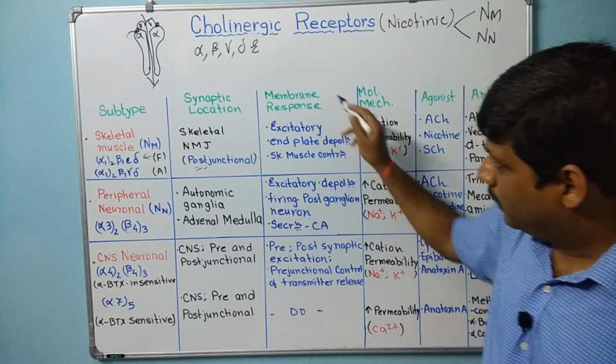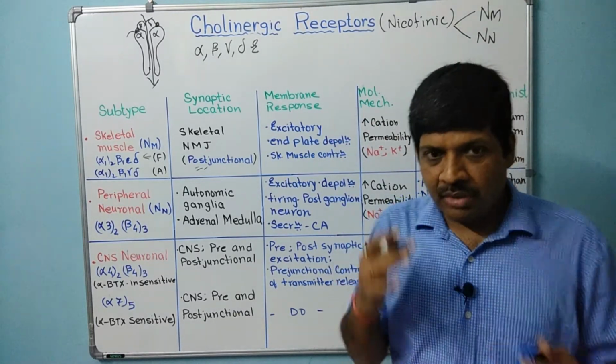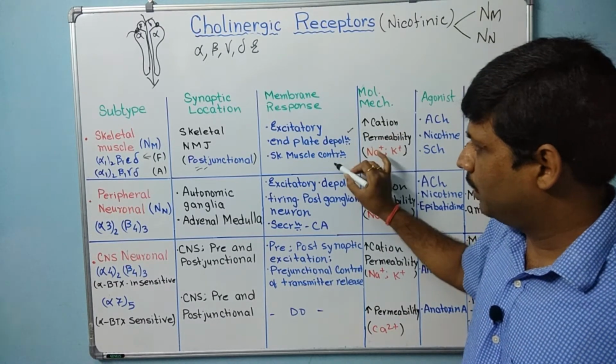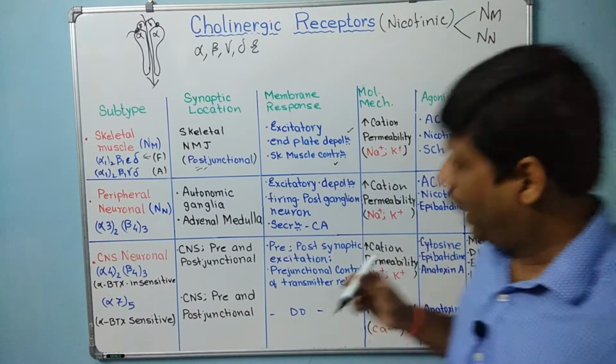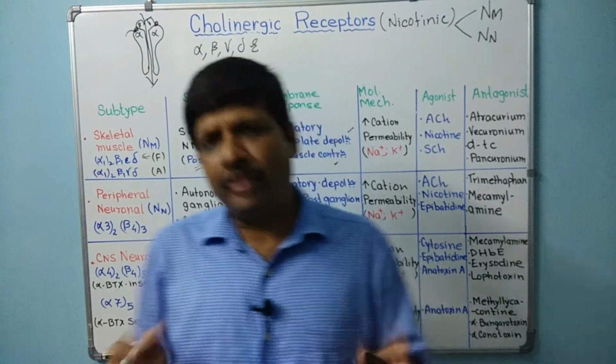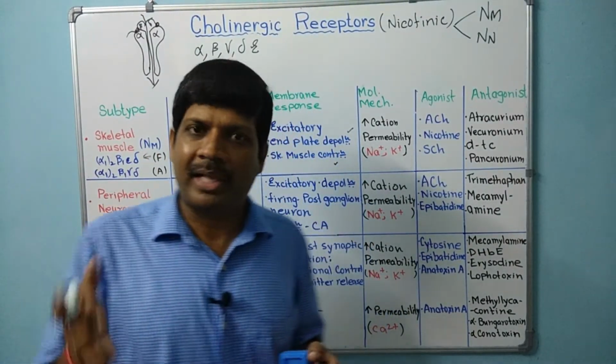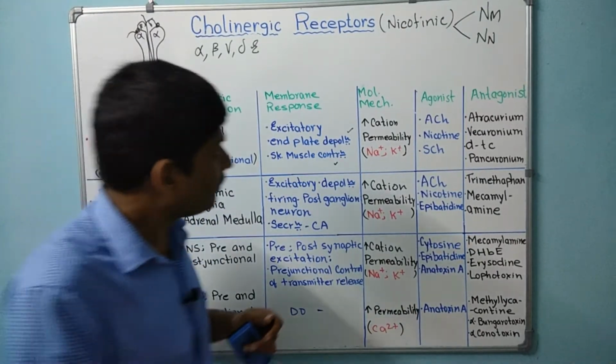So the membrane response upon stimulation of this type of receptor, it will cause end plate depolarization and skeletal muscle contraction, and these are usually excitatory. Nicotinic receptors as such are only excitatory in nature, whereas muscarinic receptors can be excitatory or inhibitory type.